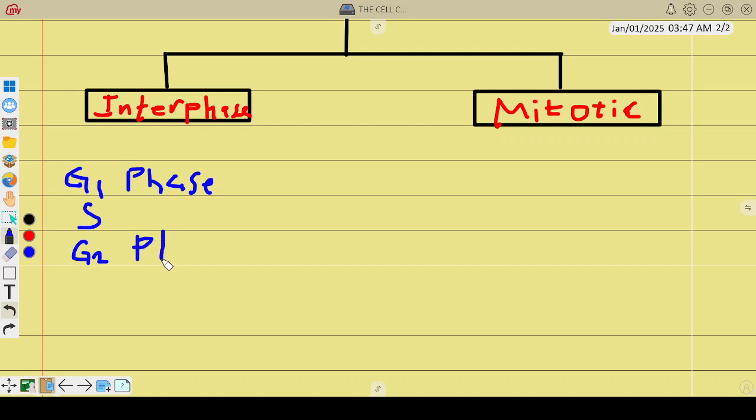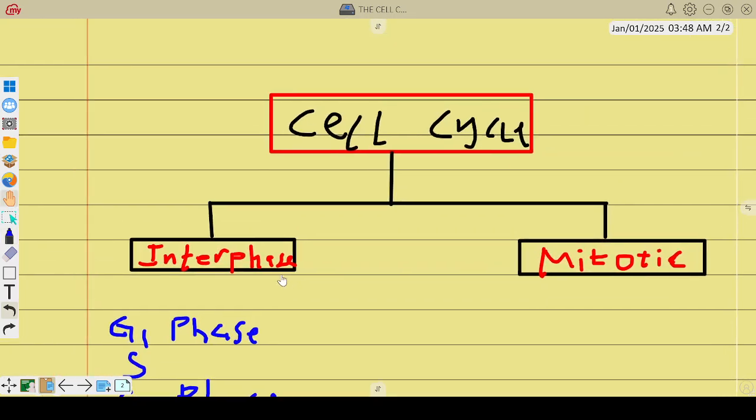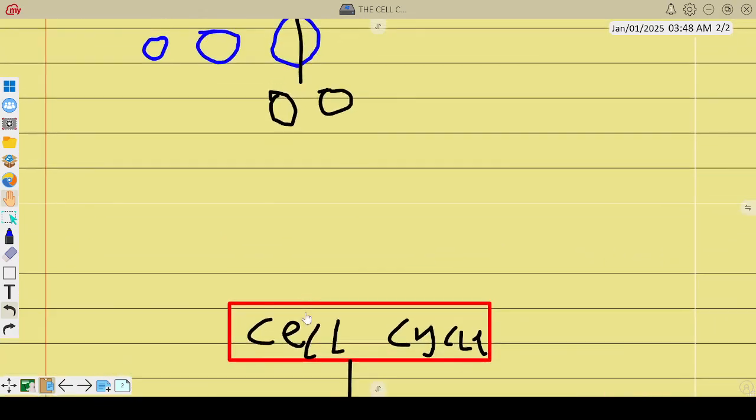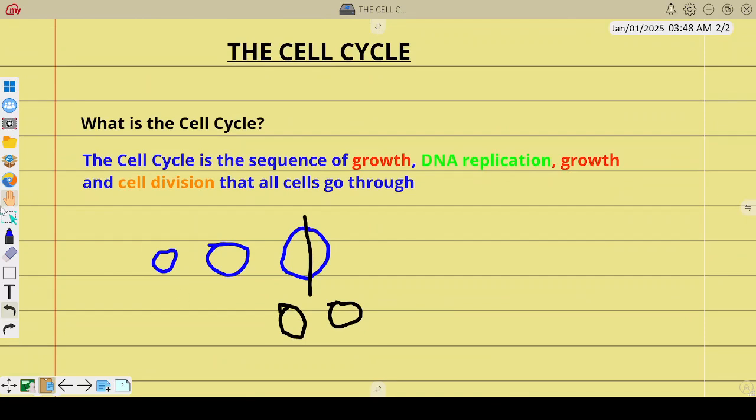You can also think of these phases from the definition itself. What did we define the cell cycle as? We said the cell cycle is the sequence of growth, DNA replication, again growth.